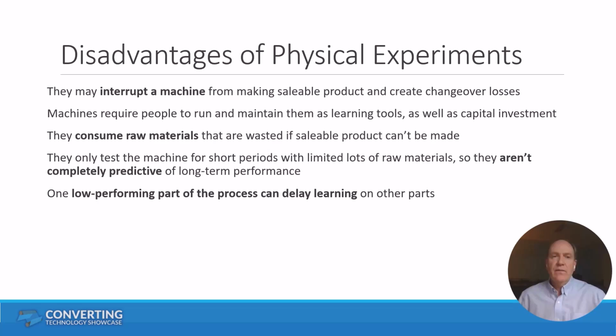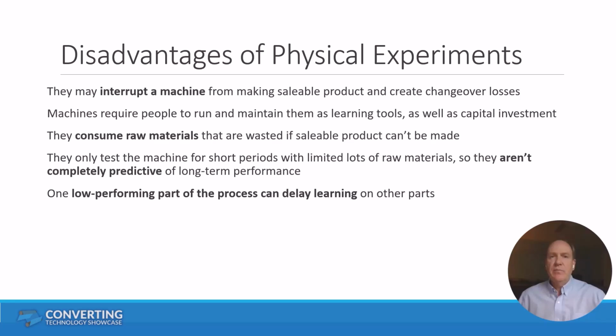And then if you're using this machine to physically run and make product, then you need materials and you need people and you need spare parts. All of that requires investment to maintain those things as a good test bed. And they consume raw materials that may be wasted if you can't sell the products.